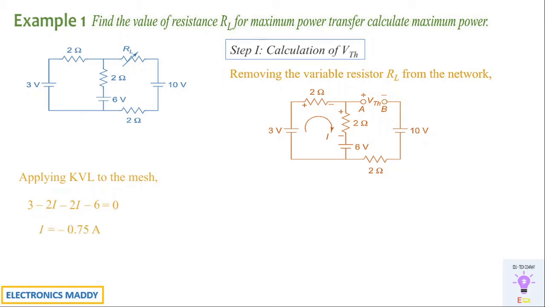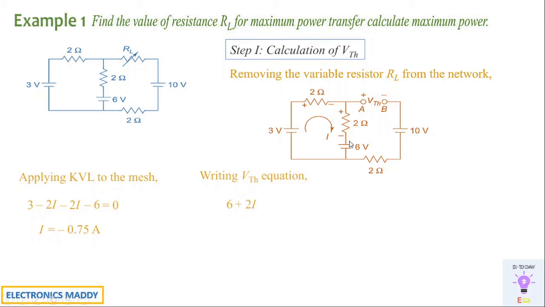The reason why we have found the value of I is to find the value of VTH. So how will we be able to find the value of VTH? Writing the VTH equation, with respect to VTH we will be considering this particular portion and writing the equation corresponding to our convention. So 6 volt, because we are considering it from this point, from negative to plus, so 6 volt is written.